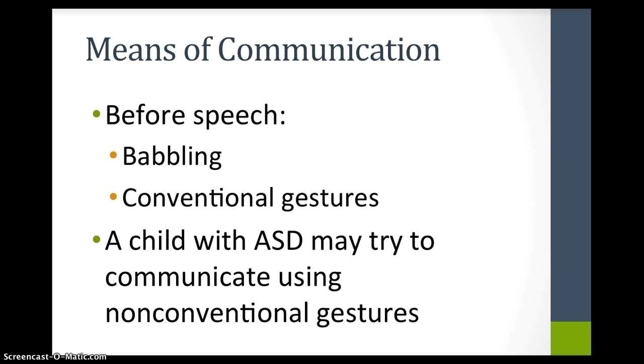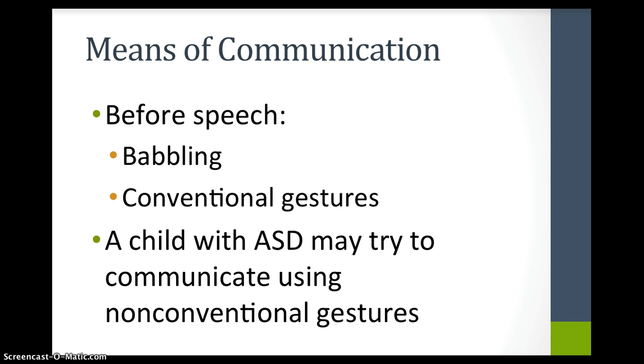So obviously before speech, it's typical for infants to babble, but they very soon start to use conventional gestures earlier than most people would expect if we're not really paying attention to it. So very young children will do things like point with a meaning behind it.